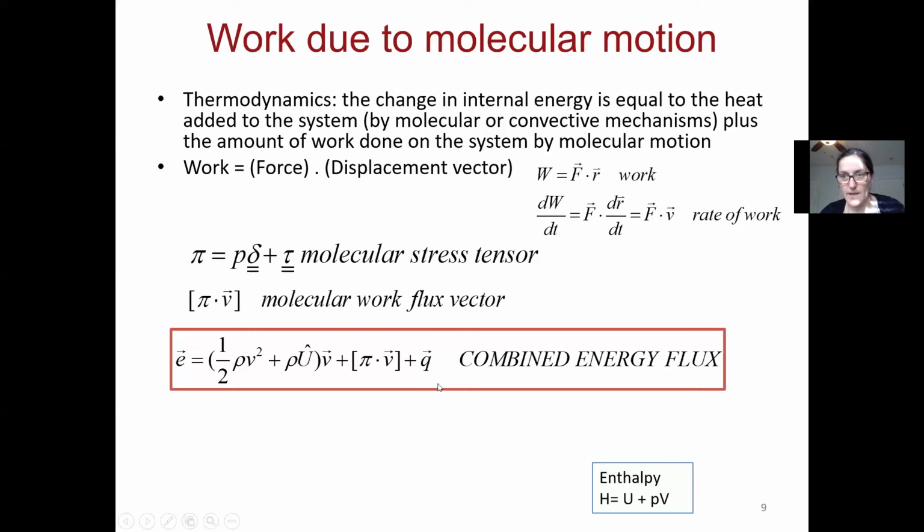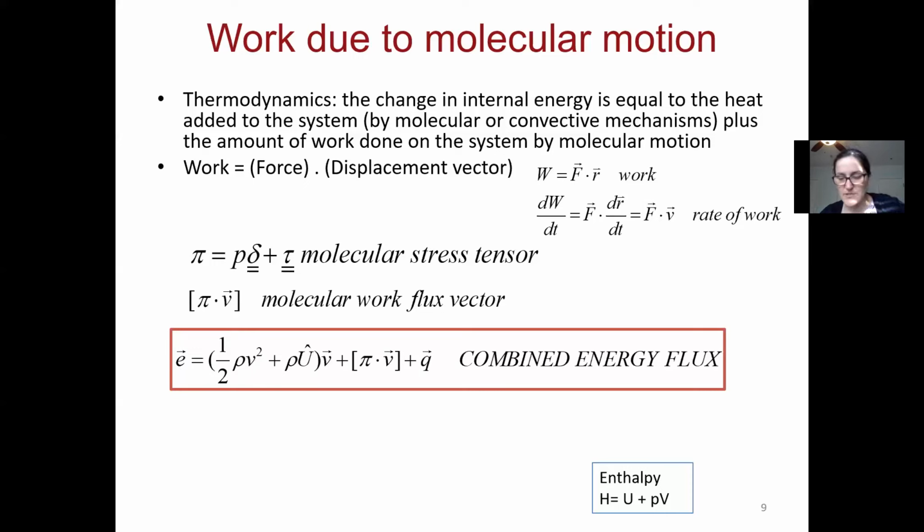That's simple to deal with. If it's not, if I actually have fluids flowing, then I have to account for this portion, which can get a little bit hairy, or there's quite a bit to account for. So I have to account for the work of the molecular forces as well as the energy simply carried into the fluid by convection. But this is my vector that describes everything that can basically come in and out of my control volume.